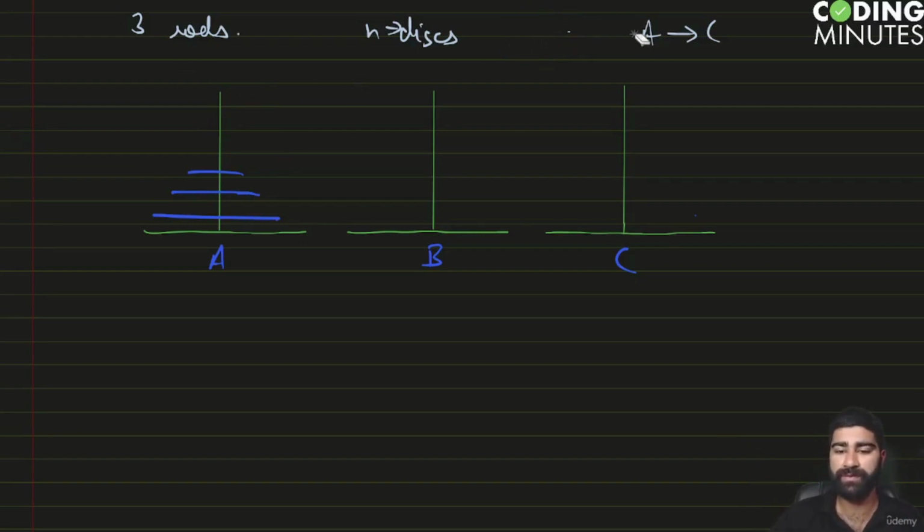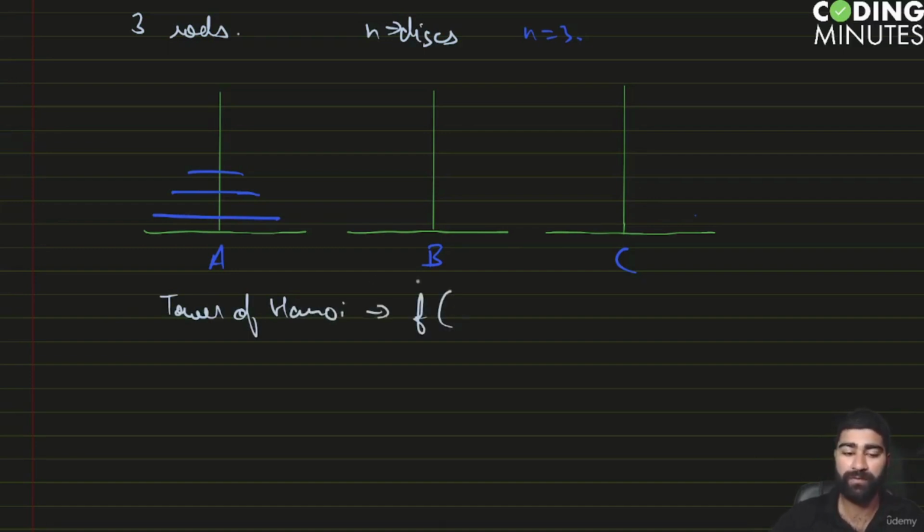Right now my n is equal to 3, and now you know what A to C, B to C means. Initially, let's say we have a function that will solve this, and let's call it Tower of Hanoi, or in short, F. So what will F do? Initially the disks are n, which is 3 in this case.